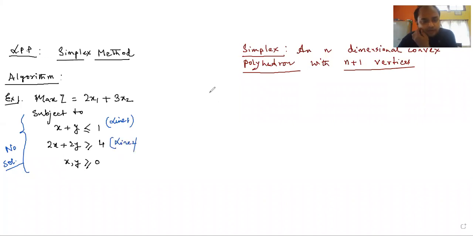So these two regions do not have any common values of x and y, which satisfy both the inequations. So since no common feasible region exists, the system has no solution. Graphically, we can find it very well.